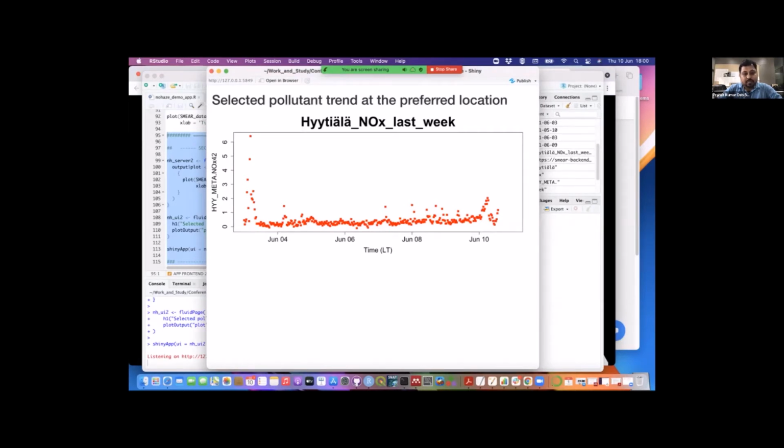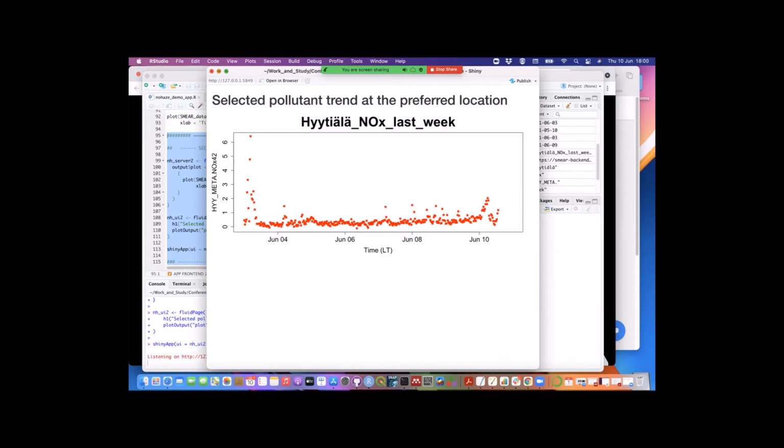And based on that, the user can make the decision whether to venture to that place or not. And at present, the app also provides some guidelines on whether the level of pollutants there is safe, or it is orange, or it is red, depending on the available alerts from US EPA, or WMO, or different air pollution agencies.